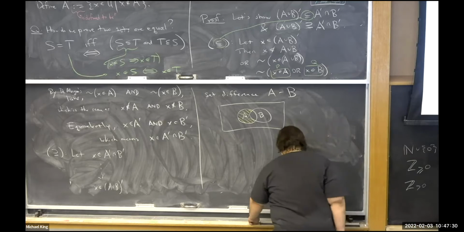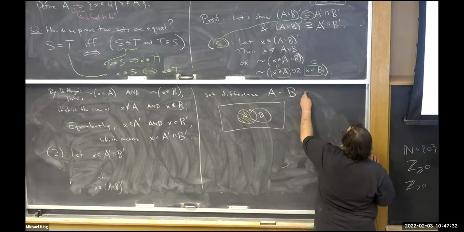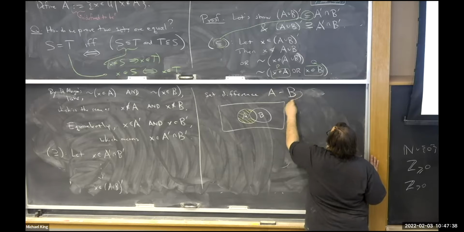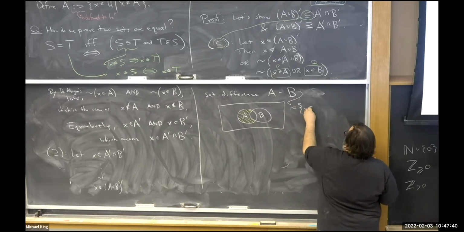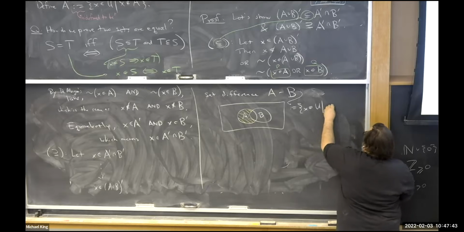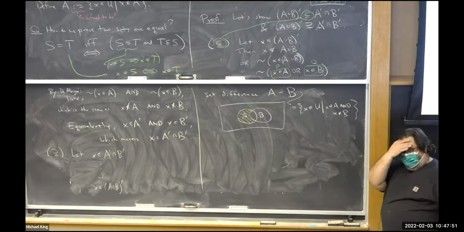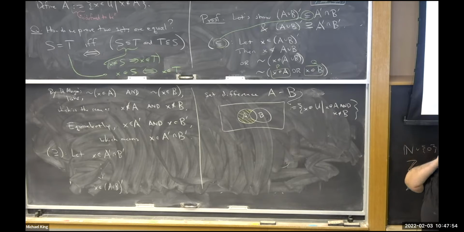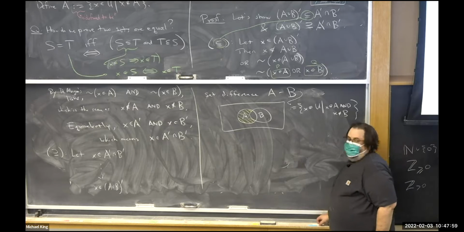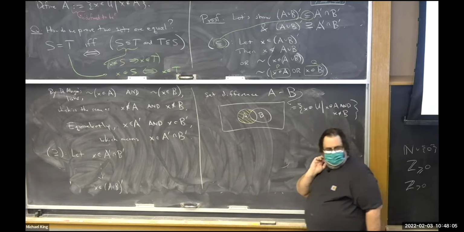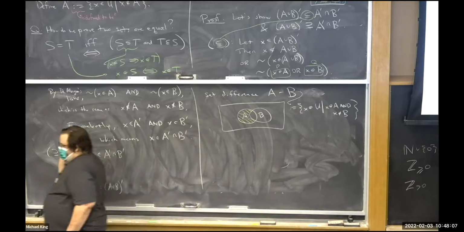So A minus B is defined to be the set of X in U, the set of X in whatever our universe is, such that X is in A and X is not in B. Okay, so that's just the definition of the set difference. You're sort of taking out anything. You're looking at A and you're taking out anything that happens to also be in B. Cool. Okay.